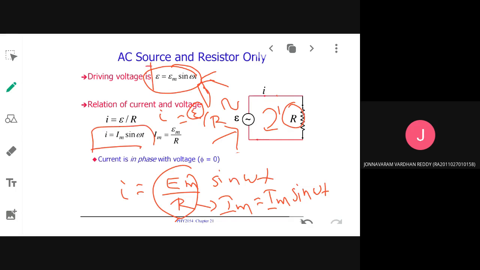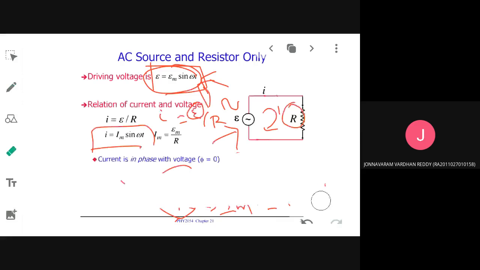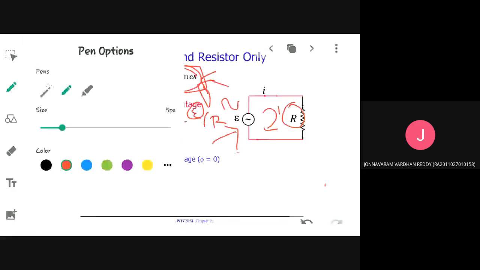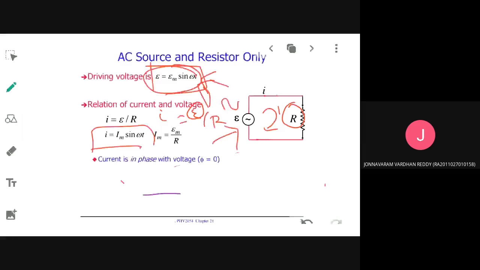This is the formula for V, and I want to draw the phasor diagram between the voltage and the current. If I draw the phasor diagram, both are in phase parameters. V is taken as reference, here we use the notation E, and I is also in phase.